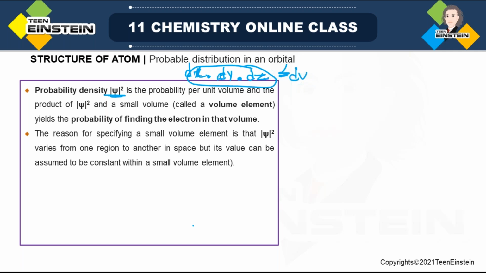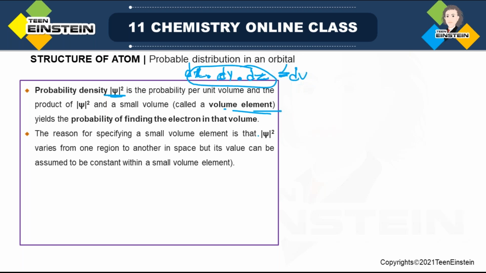When you multiply this psi square with a small volume, called the volume element, which is dv or dx dy dz, you will get the probability of finding the electron in that particular volume. If you are not multiplying it and it is simply psi square, it is the probability density.